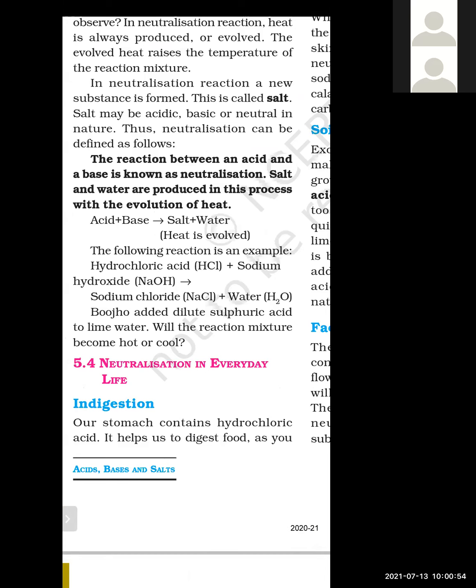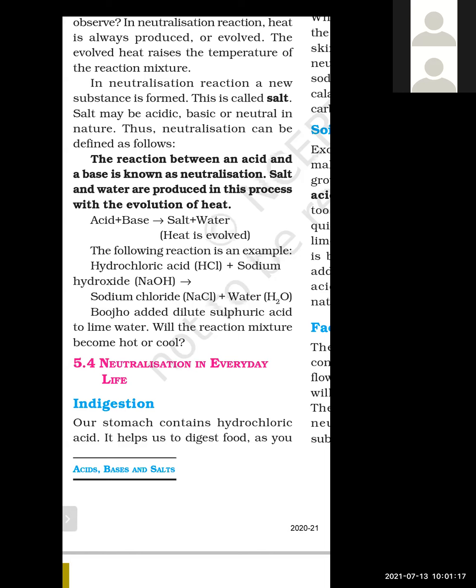So acid plus base will give salt plus water. And what is the nature of that salt? That salt is neutral in nature. Not acidic, not basic.